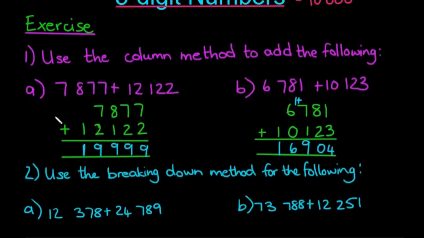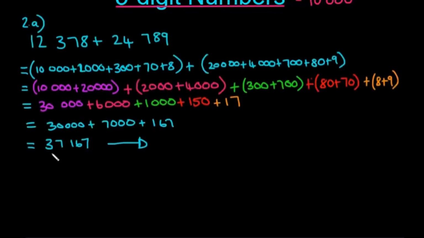So for 2, I've separated it into A and B. It's too lengthy to do on one page, so I've broken them down into A and B. So this is our answer for 2A, which will give me 37,167.